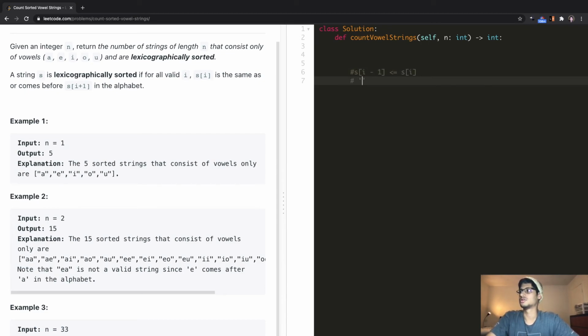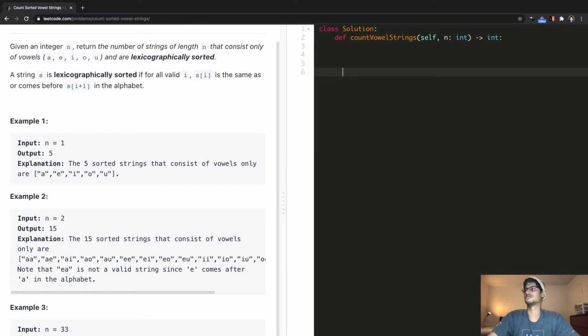So a character a has a value less than or equal to b, and so these are in lexicographical order, and the converse is false, obviously.